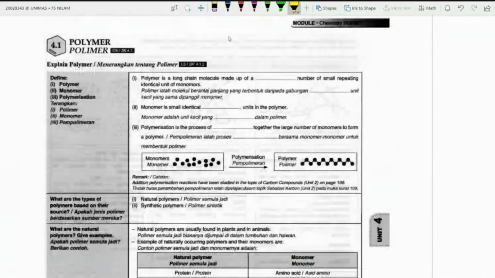First we have to define polymers correctly. Polymers are long chain molecules made up of a large number of small repeating identical units called monomers. A monomer is a small identical repeating unit.